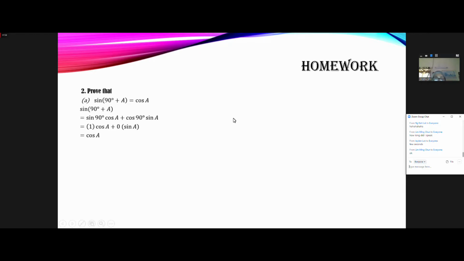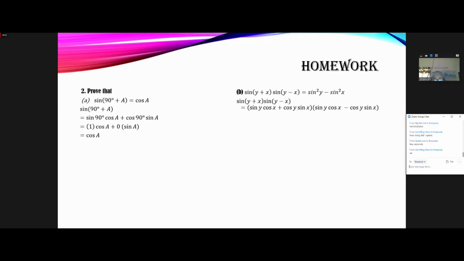Okay, for part B. It's almost the same as the example I showed you in the slide before. You take the left hand side, sine y plus x, sine y minus x, open it up. Sine y cos x plus cos y sine x, times sine y cos x minus cos y sine x.